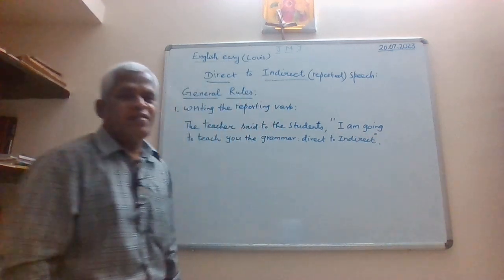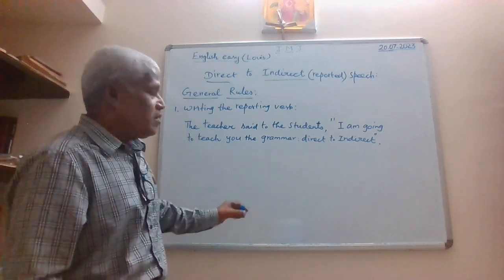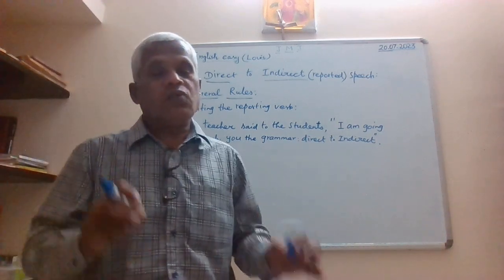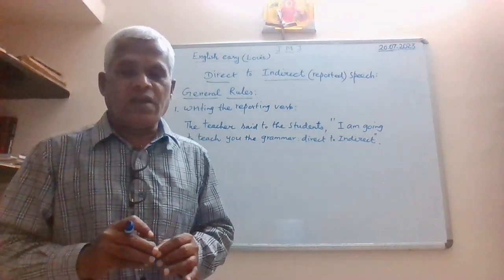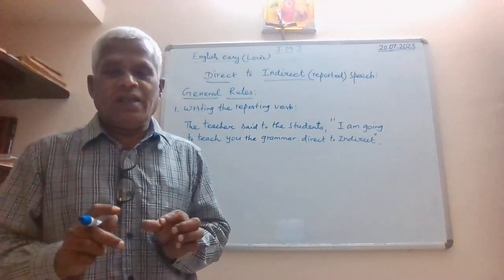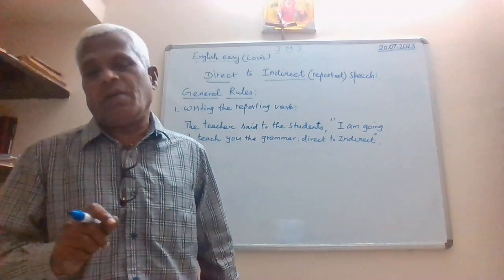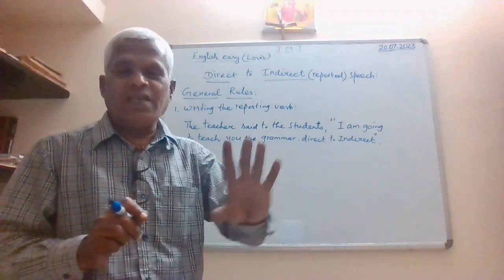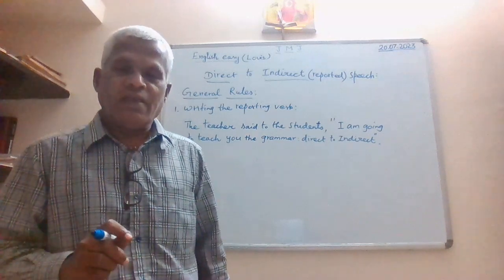Okay. So straight away we have come to the statement there. Now as I told you, how to identify whether a sentence is in direct speech or in reported speech. If you find any group of words written within the inverted commas, you can easily identify that it is in direct speech.